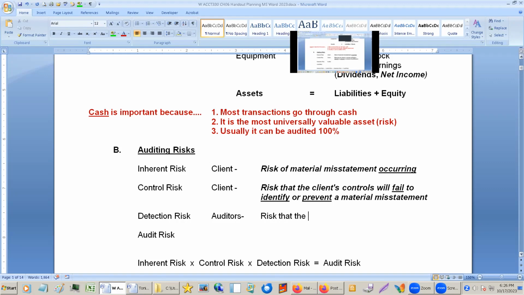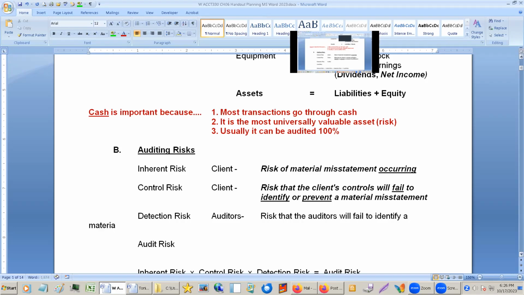That the auditors will fail to detect a material misstatement. So if it gets past the client, so here's the client.